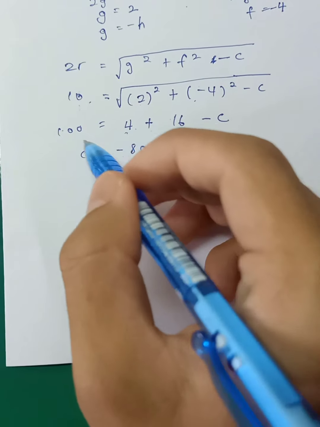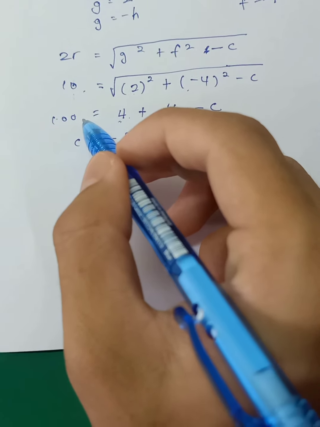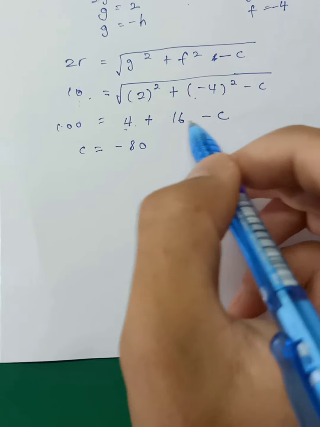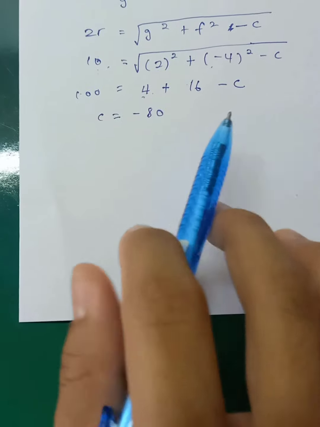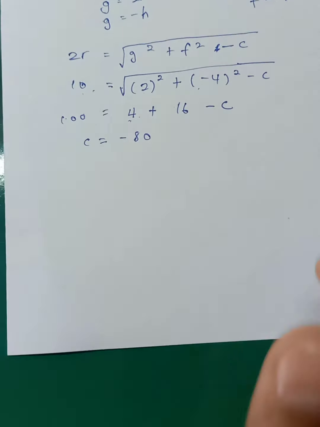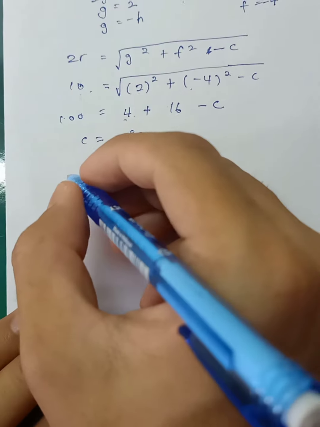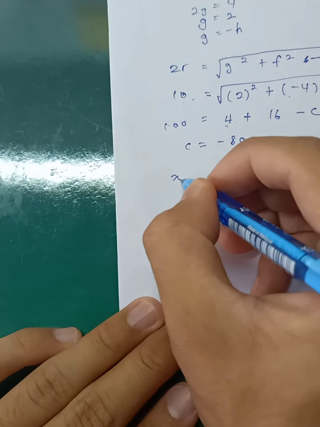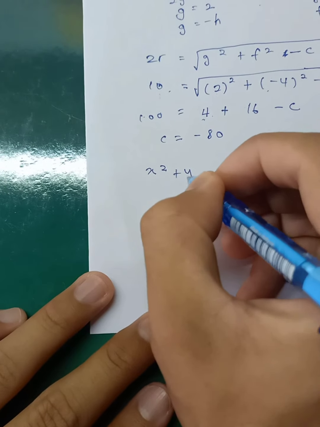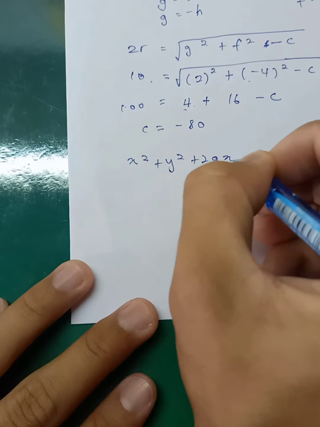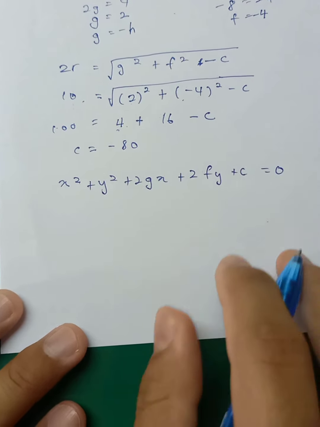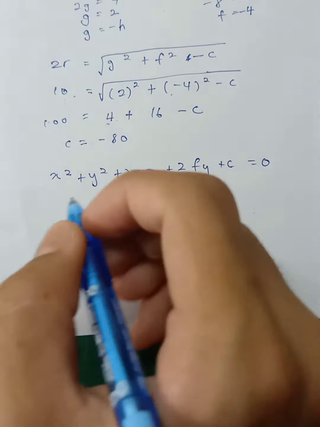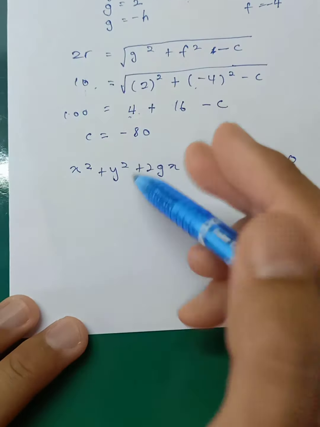Alright, so we find c. 20 we bring here, negative c equal to 80, and c will be negative 80. Right, so make the general equation. The general equation is x squared plus y squared plus 2gx plus 2fy plus c equal to 0. Okay, you substitute in the values just now.